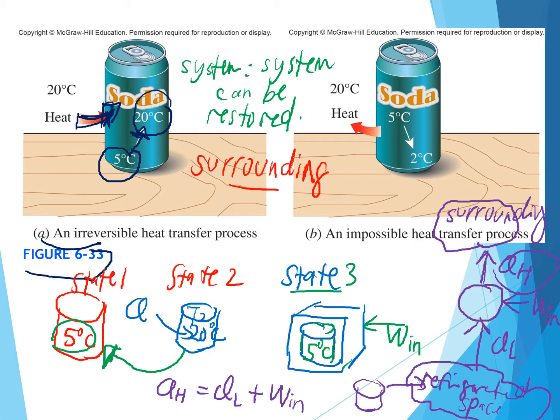Okay, you know that you require this amount of heat, for example this value 5 joule, to increase the temperature from 5 to 20, and then you also need to release the same amount of heat, 5 joule, in order to reduce the temperature from 20 to 5 degrees C. This is where your heat from the refrigerated space is absorbed by the refrigeration cycle here.